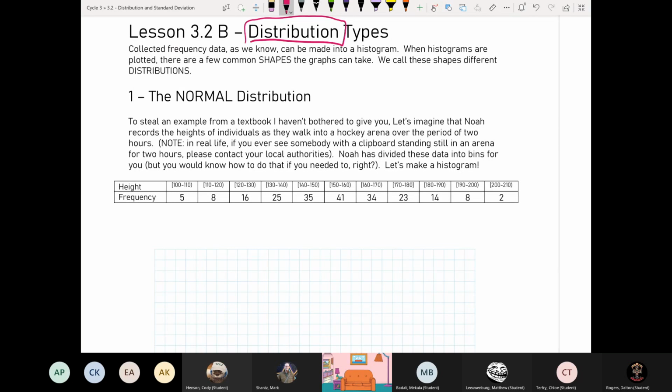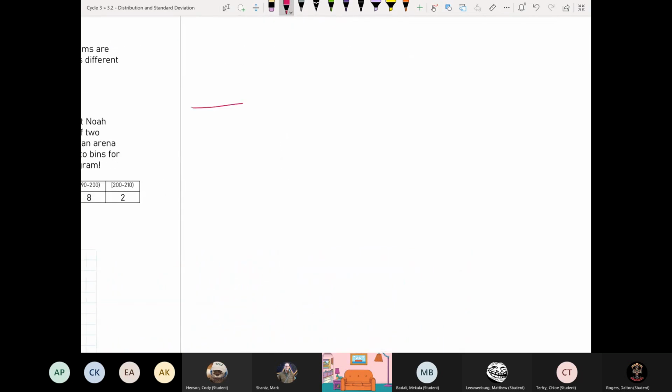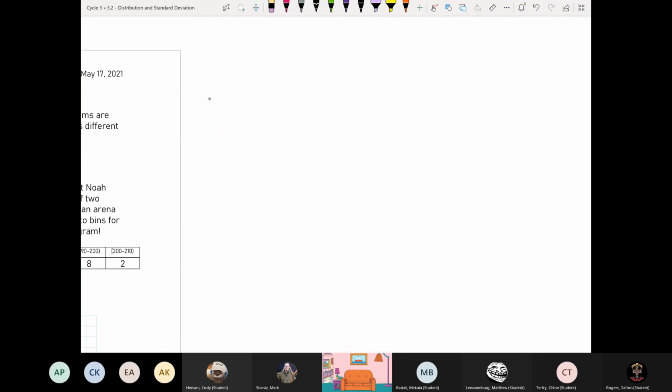So you may have seen pictures before of curves or data. And if the data looks like this, let's say that that is a graph. Let's make a better graph here. When we talk about something that has a normal curve, it means the data kind of looks like this.